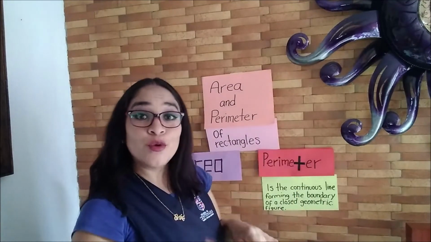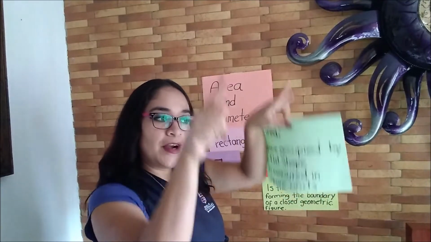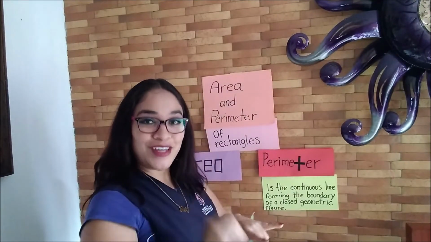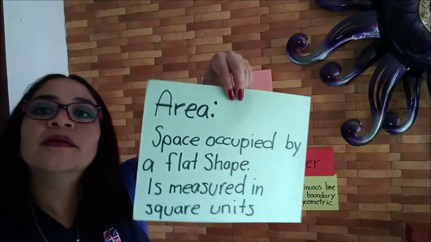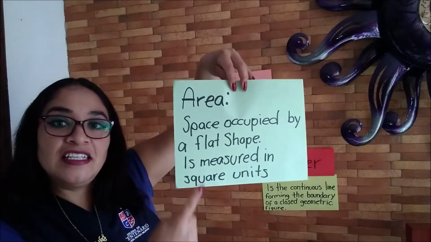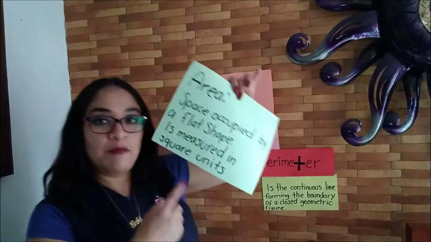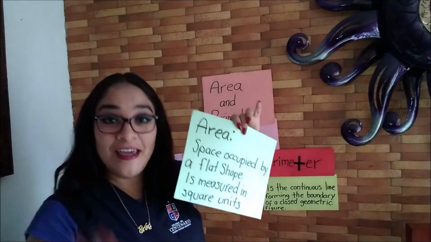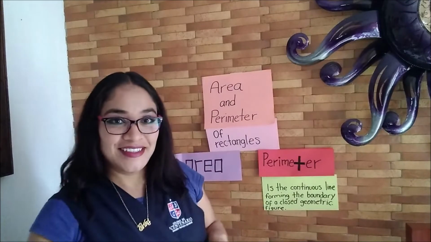Your frame is going to work like a perimeter also, right? Because it's marking the area where you can write. And area is the space occupied by a flat shape and is measured in square units. As I told you, I'm going to multiply everything, even the units. That's why we will have square units.